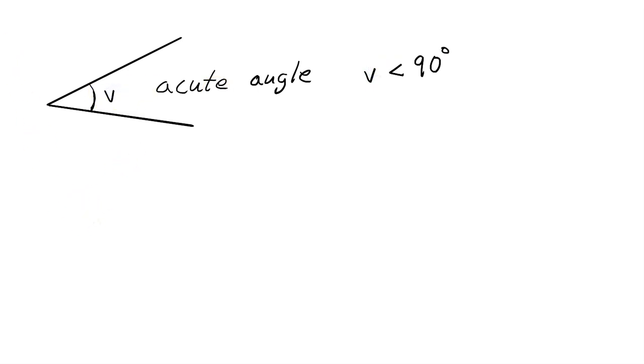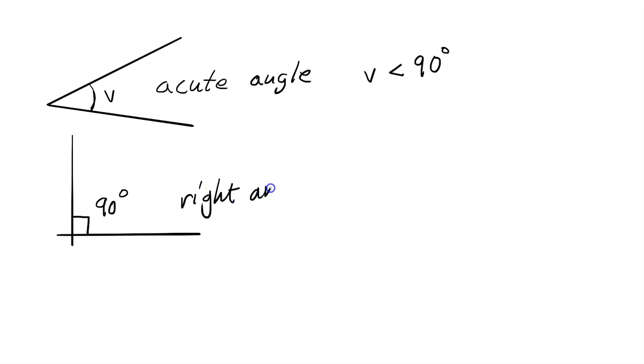And then, of course, if you have 90 degrees, you call it a right angle. And then you draw it like this just to indicate that it's 90 degrees. So it's called a right angle if it's 90 degrees.